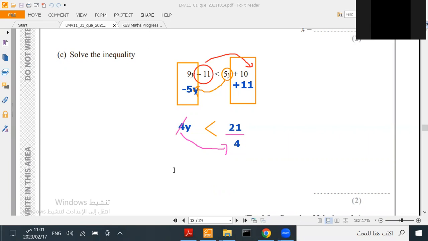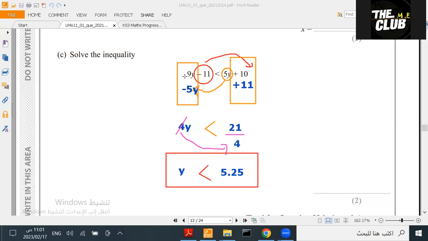The inequality sign stays the same, y is less than or greater than 21 divided by 4, which is 5.25, like this. And this is the final answer for this question. So I have to follow the steps: first I took the negative 11 and moved it as positive 11, and I took the 5y and moved it as negative 5y.